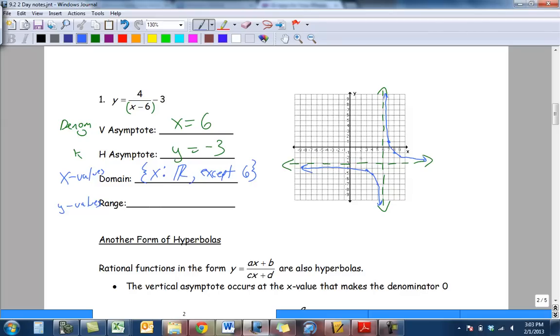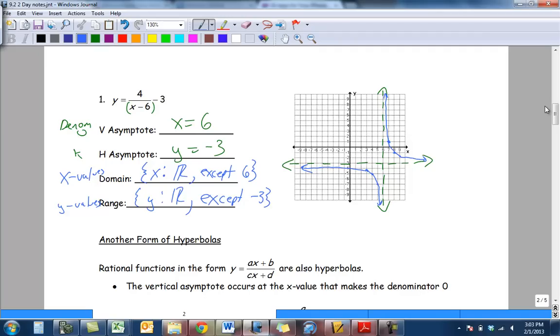No. At -2, I got a point right there, right? And everything else has got a point on this graph. The one thing that doesn't is -3. So our range is America. Y gets to be anything it wants. But there are some limitations, like you can't yell fire in a crowded theater. In this particular case, y cannot be -3.